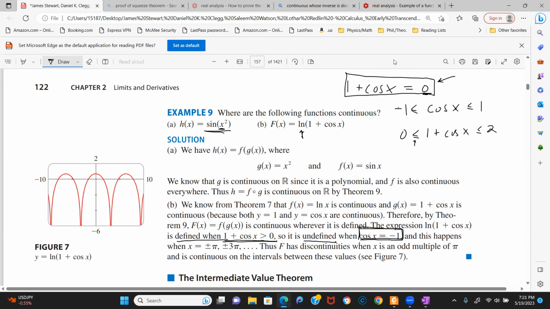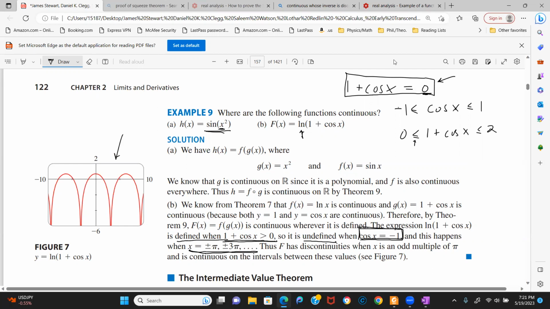But just consulting your unit circle, you know that cosine of x is equal to -1 when x is some odd multiple of pi: plus or minus pi, plus or minus 3 pi, plus or minus 5 pi, etc. So it's going to be defined whenever x is not of this form right here. And if it's defined when x is not of that form, then it's continuous because it's a composition of otherwise continuous functions.